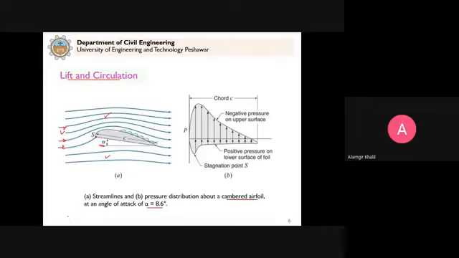The idea that we get from here is that when the streamlines are close to each other, at the top surface of this airfoil we can write that V increases. Clear? V increases.